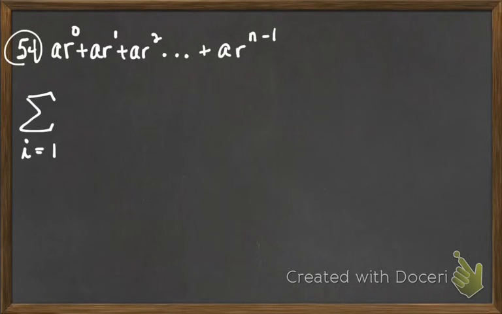We're starting where I is 1. Anybody figure it out? AR. How would you get 0 and then 1 and then 2? Say it louder. I minus 1.